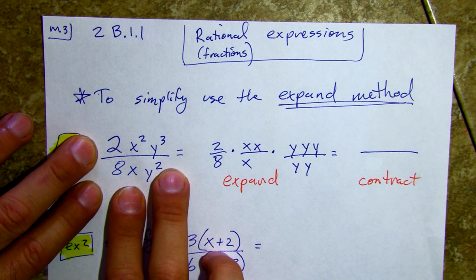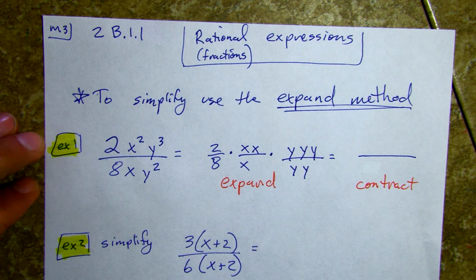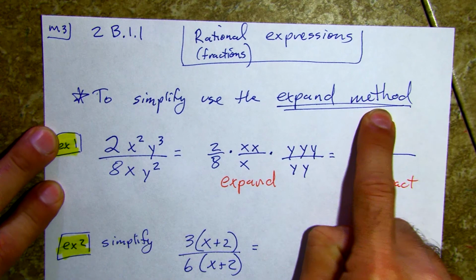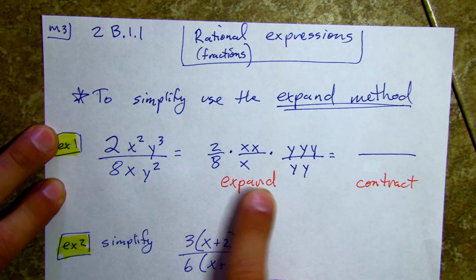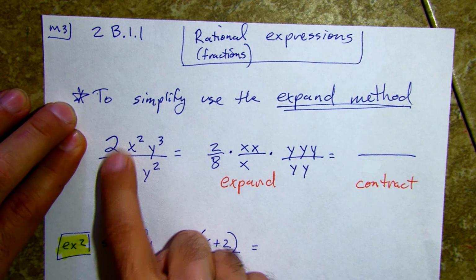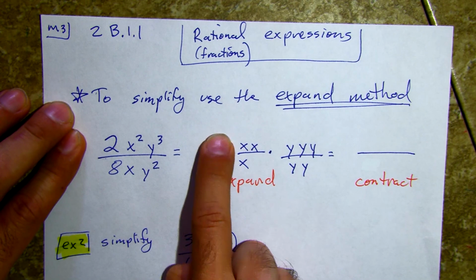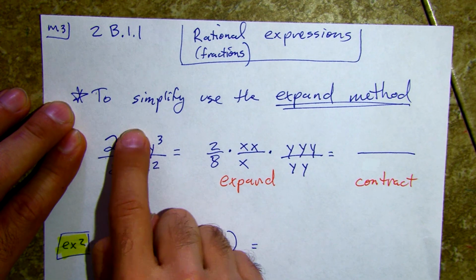Okay. So the method that I'm going to teach to simplify is the expand method. The expand part is you take the parts of the fraction and line them up. So the numbers 2 and 8, these coefficients, I'm going to make into the fraction 2 over 8. I'm going to take the x values and make that a fraction.